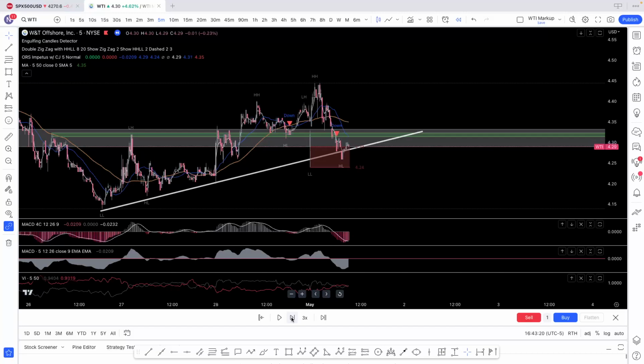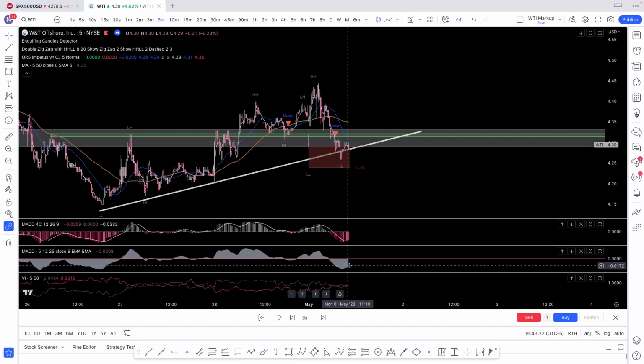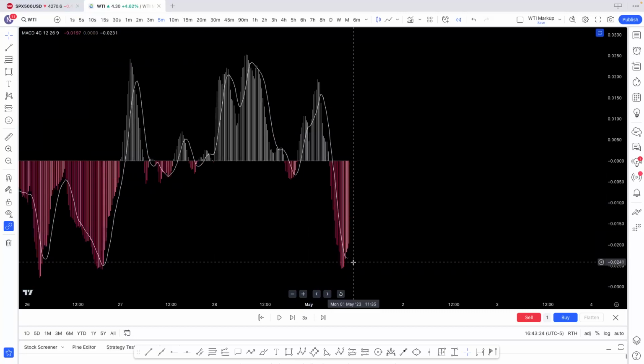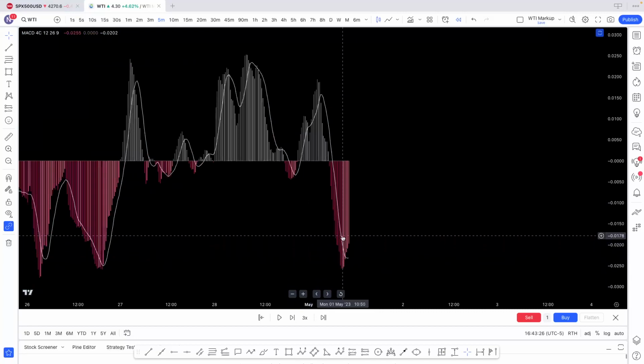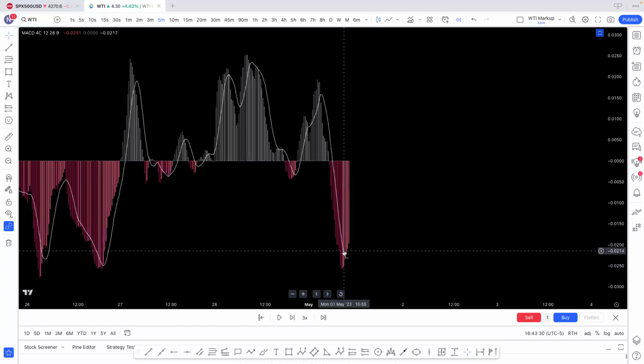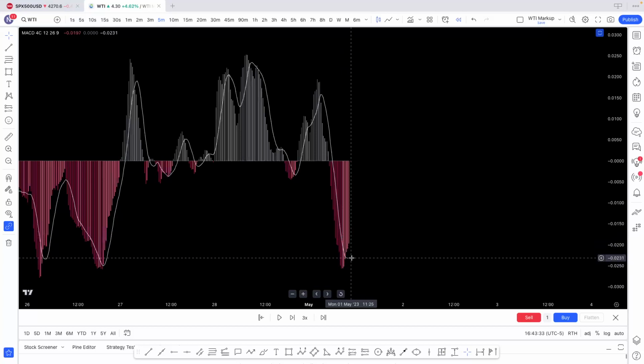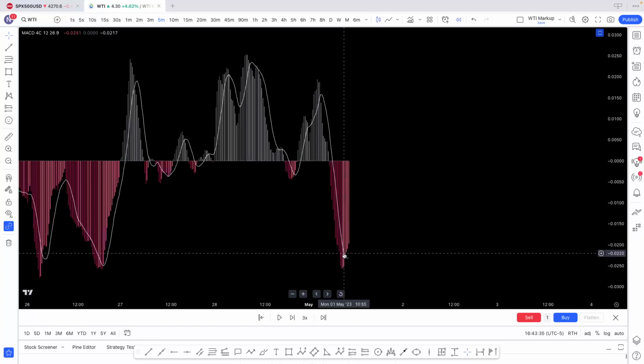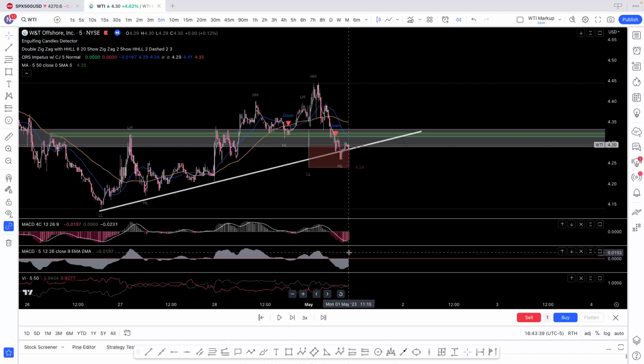So this is giving me, it's currently bearish, but with buying momentum. Prices below my moving averages.